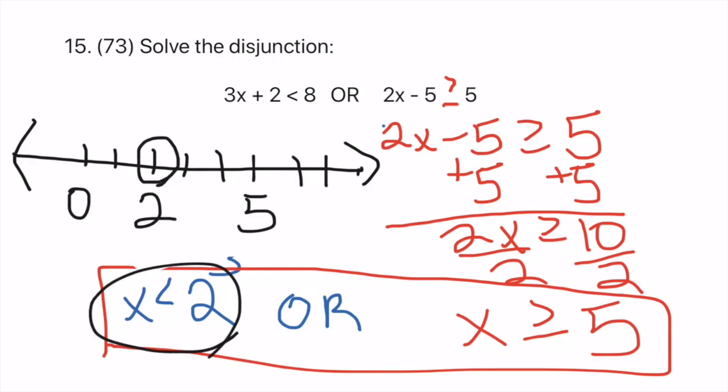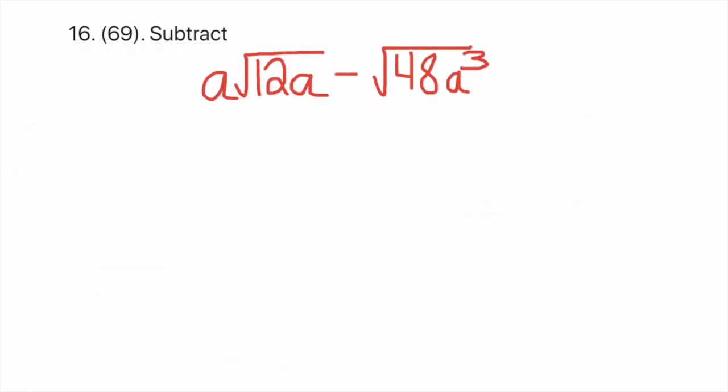So it's going to be an open circle on 2, and the arrow pointing to the left because it's all the numbers less than it. Over here we have x is greater than or equal to 5, so that means it's a closed circle because of that equal sign. And it's all the numbers greater than 5, so it's going to be pointing that way. And that's it.